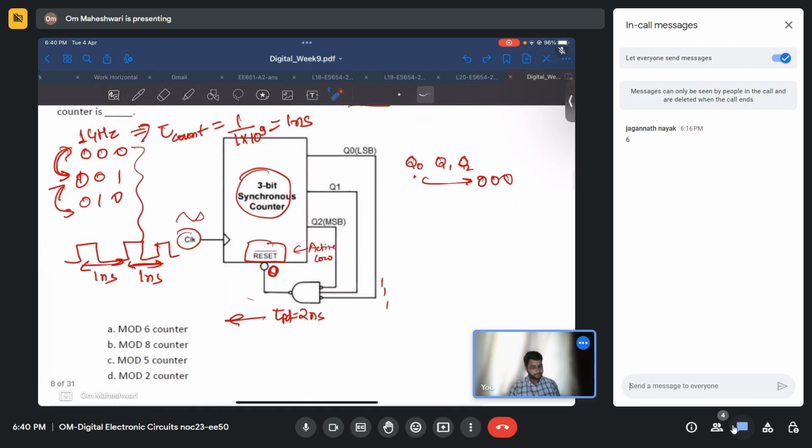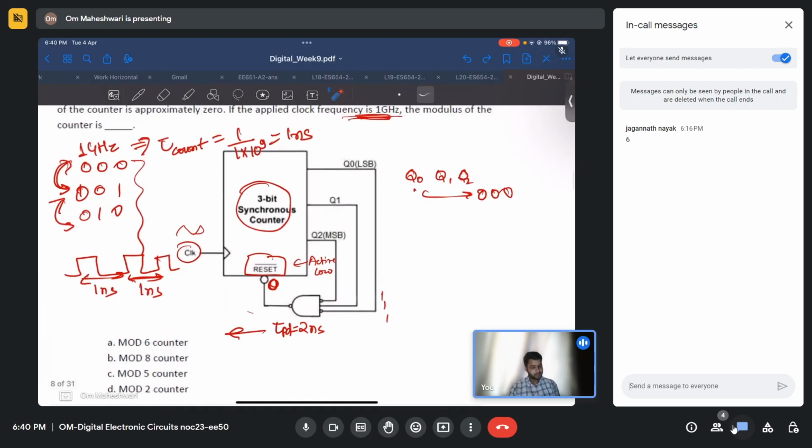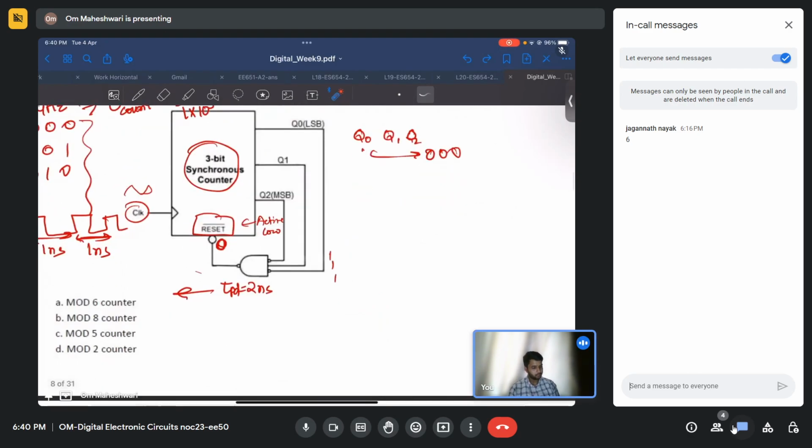So when the NAND gate is activated, it will take 2 nanoseconds, which means 2 cycles of this counter will pass, and only then will we see the change reflected at the NAND gate. Okay, so let us solve it, it will be more clear.